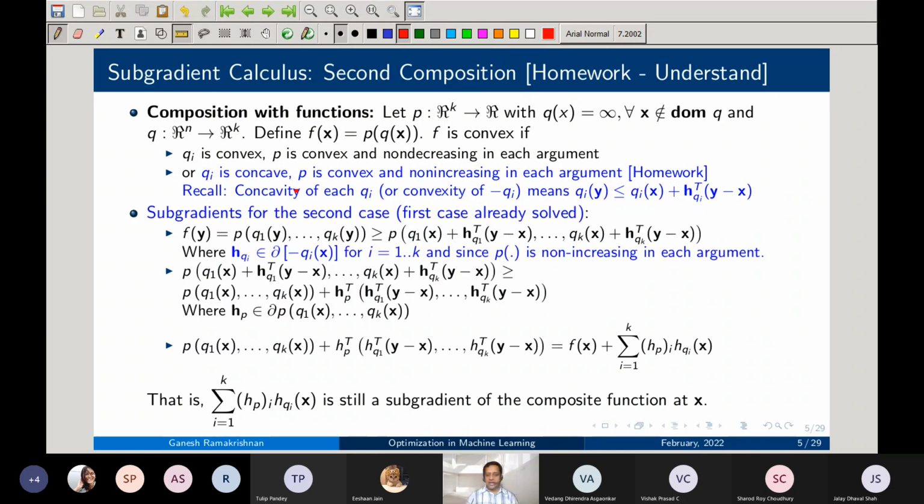It just boils down to the same expression. The only thing is, h_q_i is not called a subgradient, it's called a supergradient. It's giving you an upper bound.